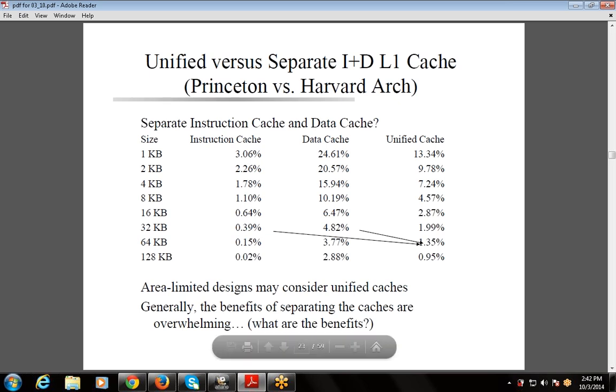Then unified versus separate I plus D L1 cache. That is Princeton and Harvard architecture. This is the concept of separate instruction cache and data cache.